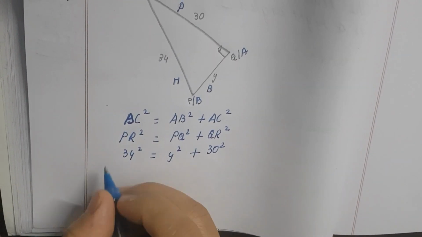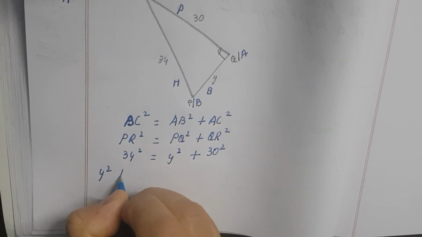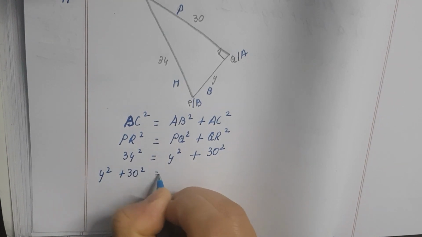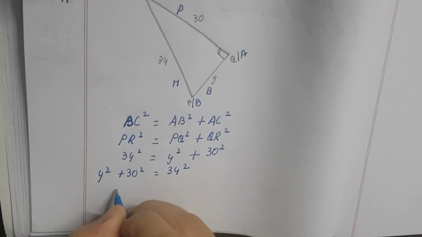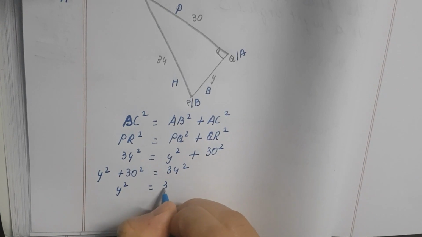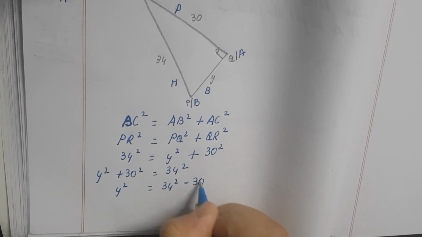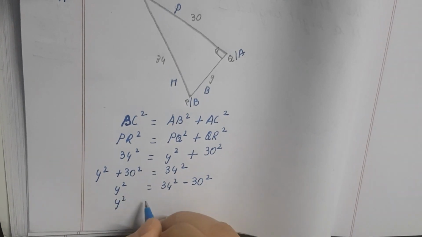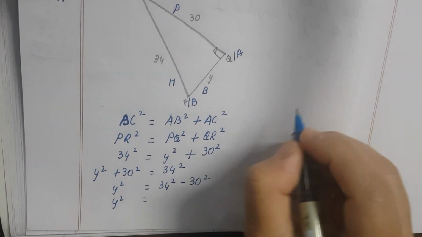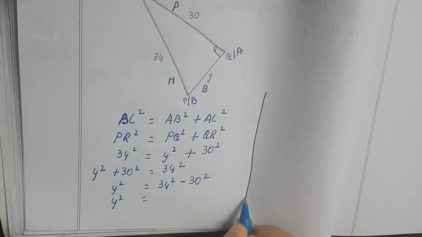So நம்ம interchange பண்ணி first எழுதிக்கலாம். So Y square plus 30 square is equal to 34 square. So Y square is equal to 34 square minus 30 square. இந்த plus 30 equal toக்கு இந்த side வந்துச்சுன்னா will become minus 30 square. So Y square is equal to 34 into 34, first நம்ம work out பண்ணிக்கலாம்.